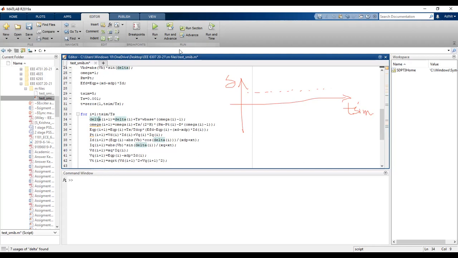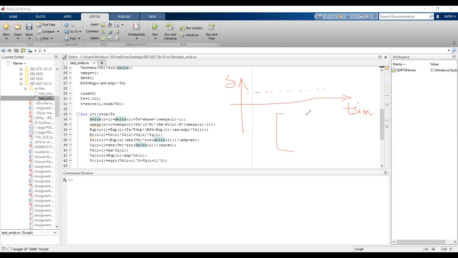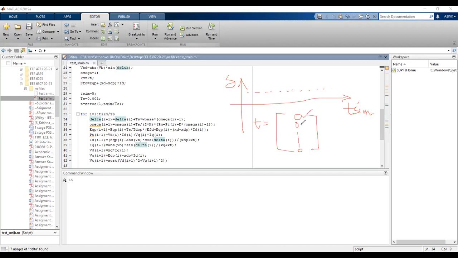So the first step that I have done is simply this: I have taken a time vector t and initialized it with all zeros. Then I have to increment each of the entries of the time vector. The first element of the time vector is 0. Then the second element should be the first plus TS, right? The third element would be the second plus TS, and so on.